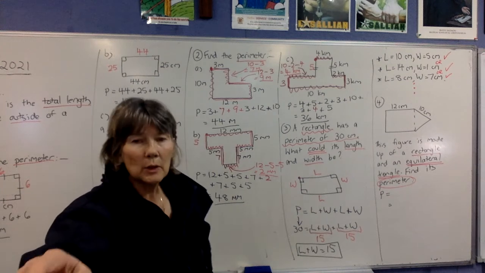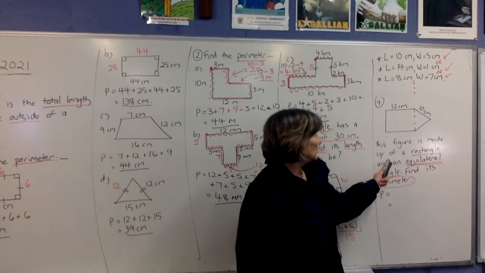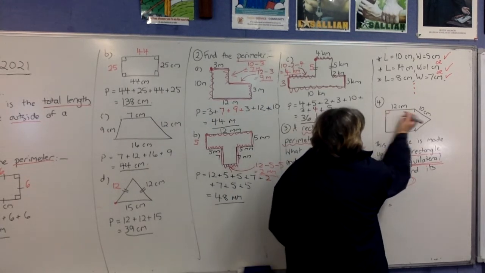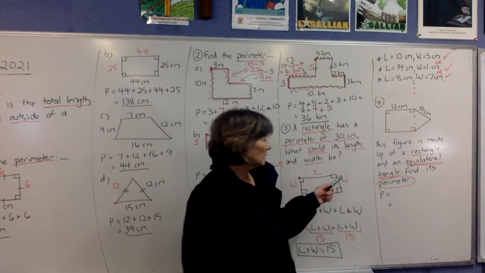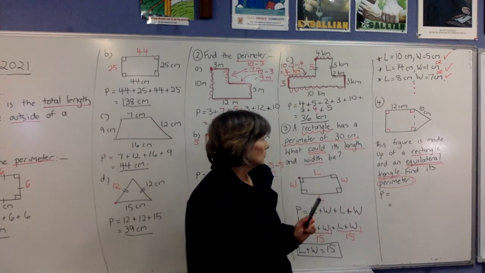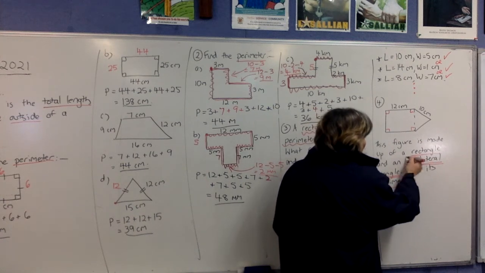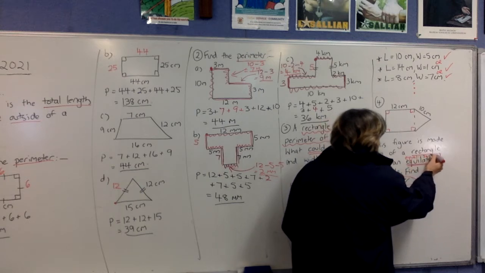Alright, now in the last question here, we have a figure, and they've told you it's been made up of a rectangle. So let's put the right angles in for the rectangle so we can see it. And an equilateral triangle. Now an equilateral triangle has equal sides. That's what equilateral means.